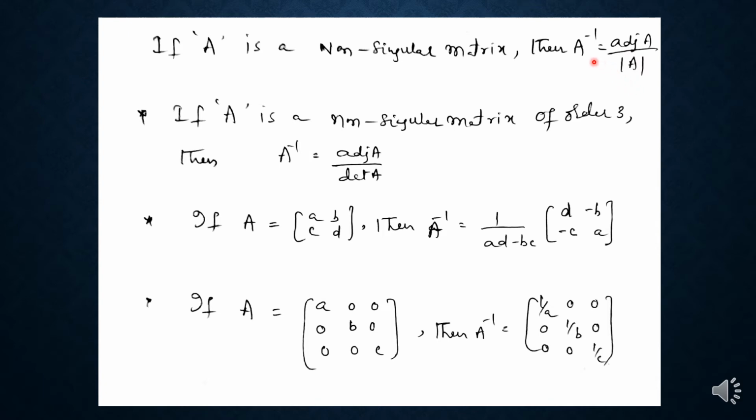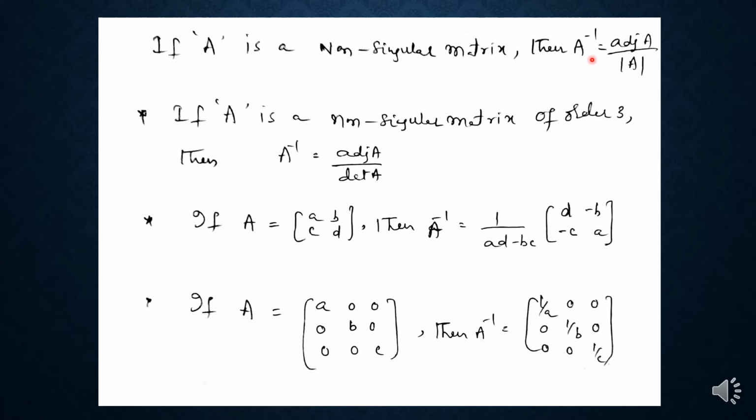So to find A inverse, at first we have to find the determinant of A to confirm it is a non-singular matrix, and we have to find adjoint A by finding the cofactor matrix. What is adjoint A? Adjoint A is the transpose of the cofactor matrix. And what is the cofactor matrix?